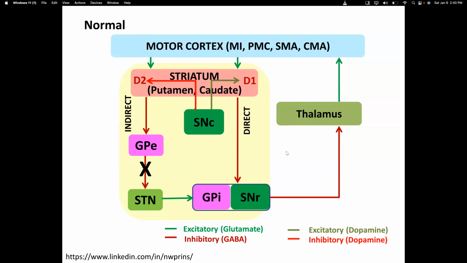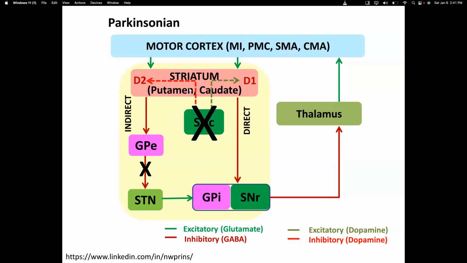But when it comes to Parkinson's, I'm just going to introduce this concept here. What happens is that the dopamine is less. So the SNC activity is reduced, or there's no dopamine coming. So when you're walking, the direct pathway starts the movement, but the connection that says keep moving is not there.